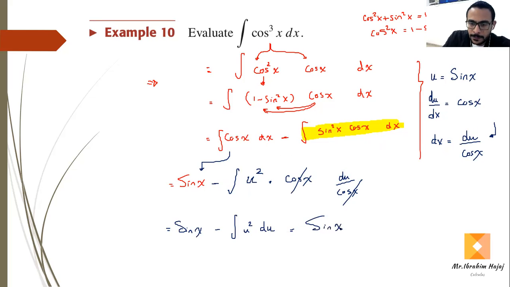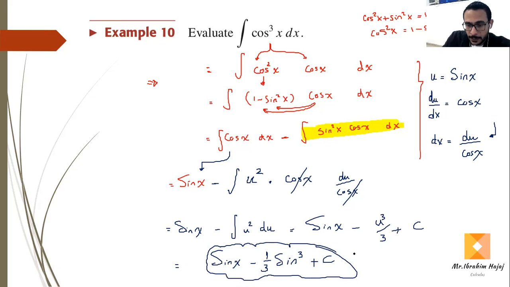Sine x minus the integral of u squared, which is u cubed over 3, plus c. Final step: sine x minus u cubed, which is sine cubed x over 3, the same as multiplying by a third, plus c, and we finished. We finished the question, not the period.